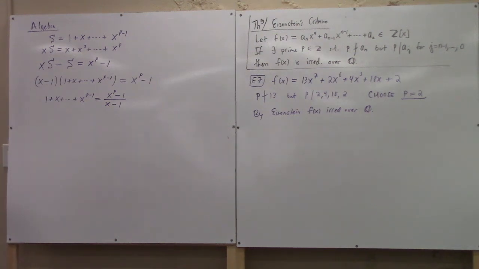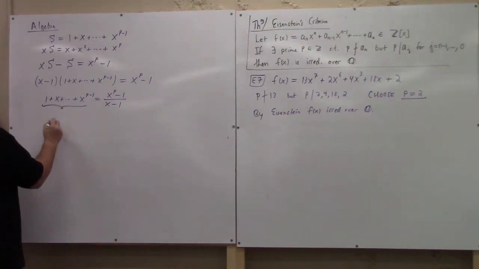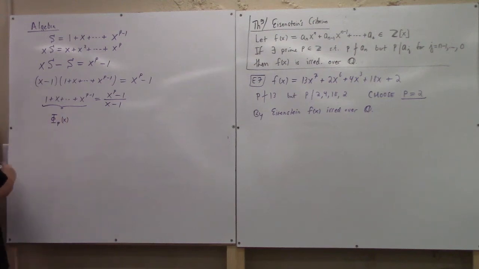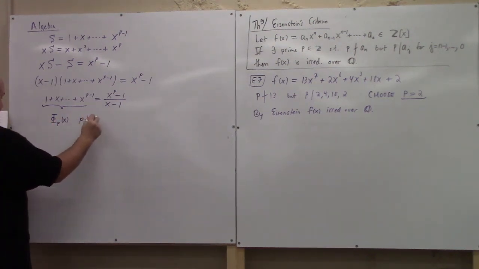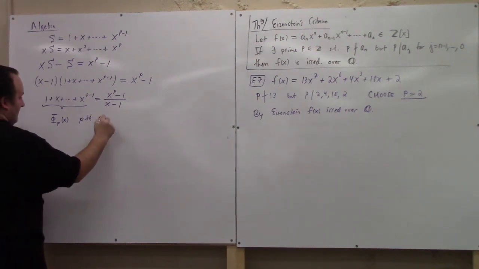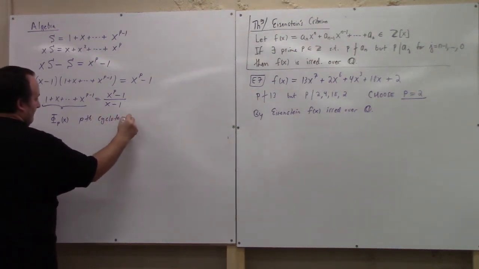All right. And this guy right here has a name. This is big phi p of x. This is the pth cyclotomic polynomial.